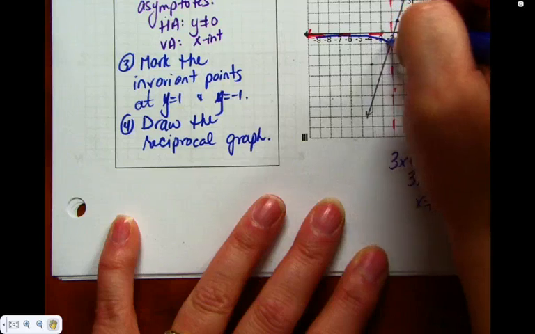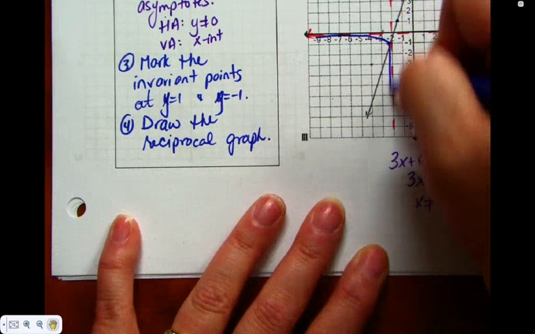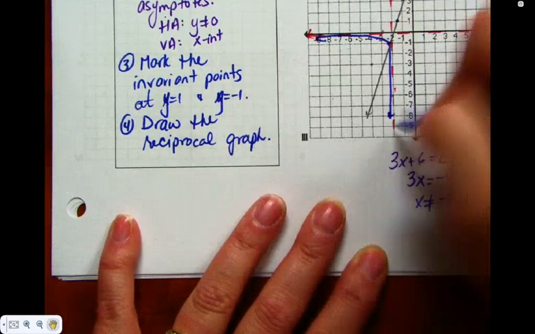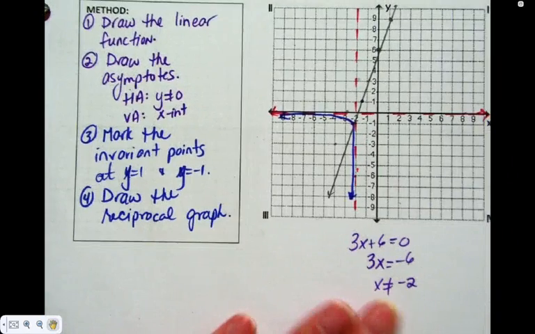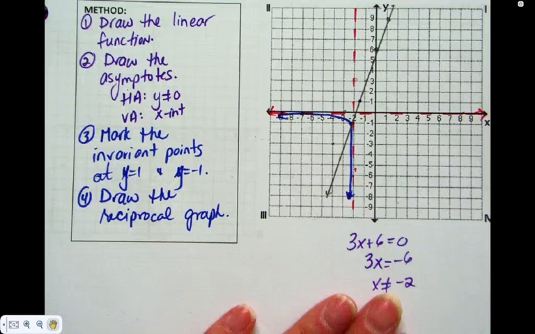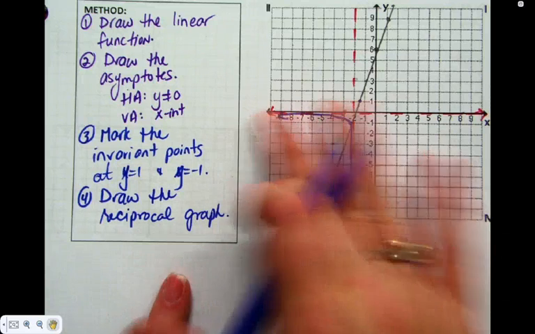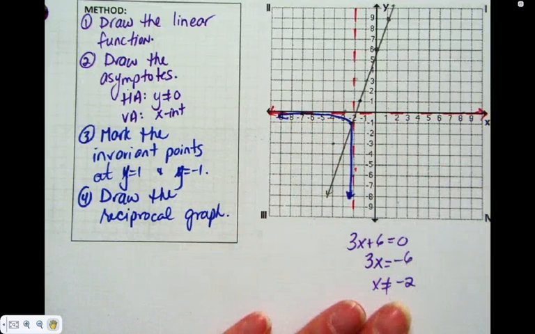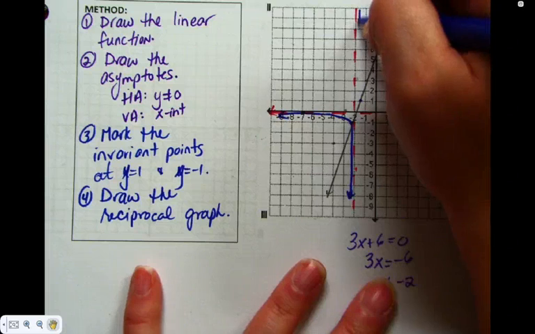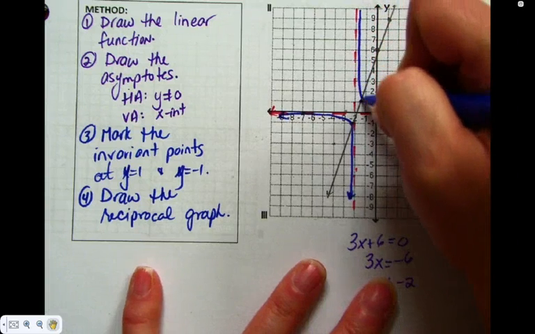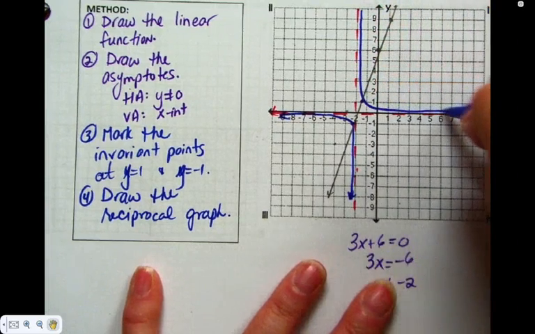It's going to go through my invariant point and then approach the asymptote. So it starts as close to the x-axis as you can get it. On the right-hand side, it's going to come down from the asymptote, cross through the invariant point, and approach the x-axis.